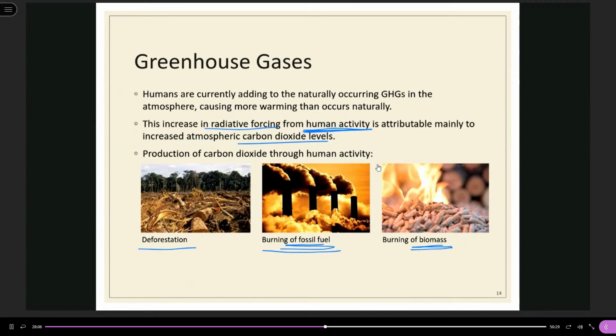So these are biomass, the organic things. You may burn the organic things maybe for cooking, just like in some poor countries, they will burn wood for cooking. So burning wood is burning biomass. Burning anything will result in carbon dioxide.